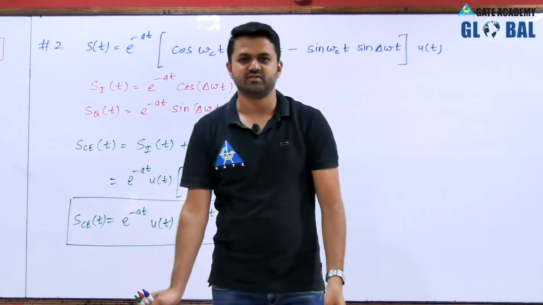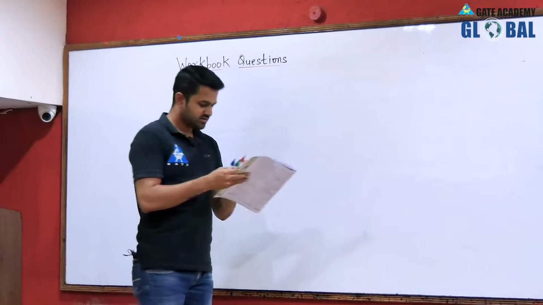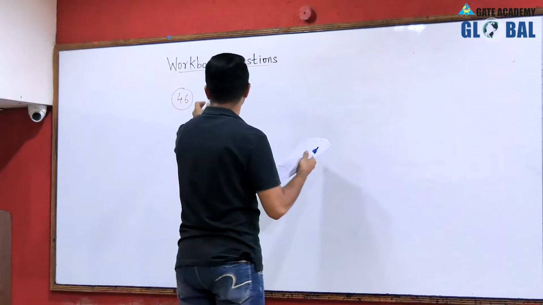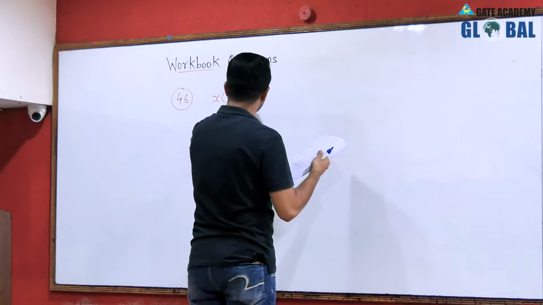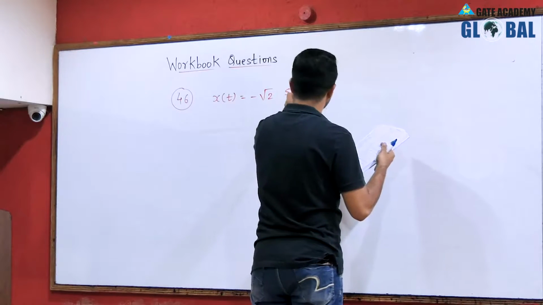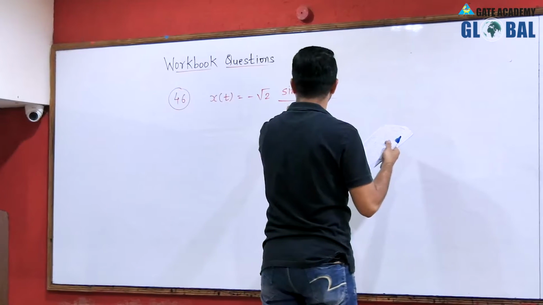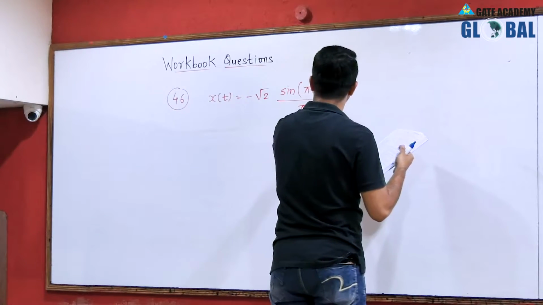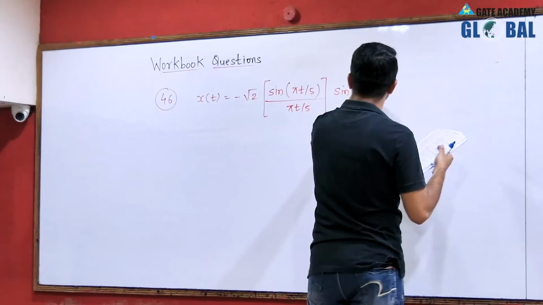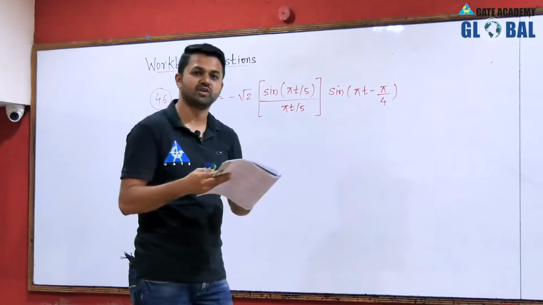of complex envelope. Next is question number 46: the complex envelope of the band pass signal. It is already given that this is a band pass signal, so x of t equal to minus root 2 sine pi t by 5 divided by pi t by 5, times sine of pi t minus pi by 4, centered about f equal to 1 by 2 hertz.